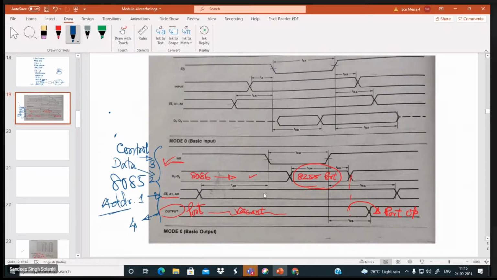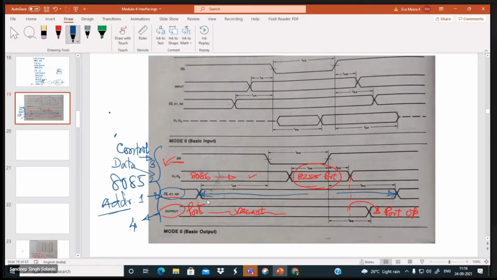You are finding that your address line is appearing throughout the time period, from here to here. That is why it is made as a cross. Please understand this. Throughout this period, your 8255 with that port address is being given.